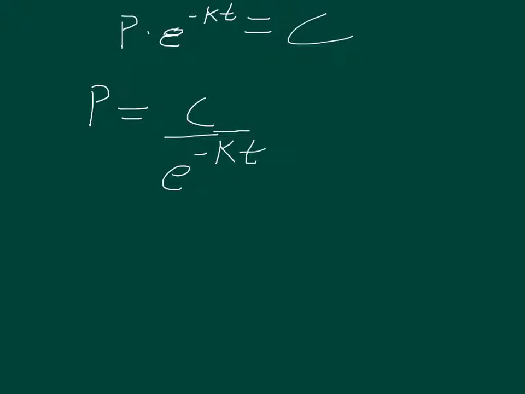So we have e to the negative kt in the denominator, and if you just simplify this a bit more, noticing the negative exponent here, we can bring that to the numerator and get rid of that negative sign. So that will become c e to the kt. And so already it looks very much like what we started with.